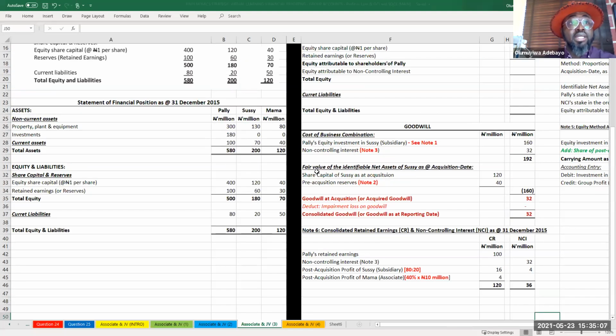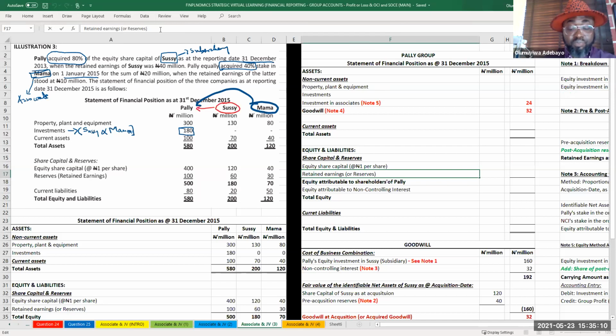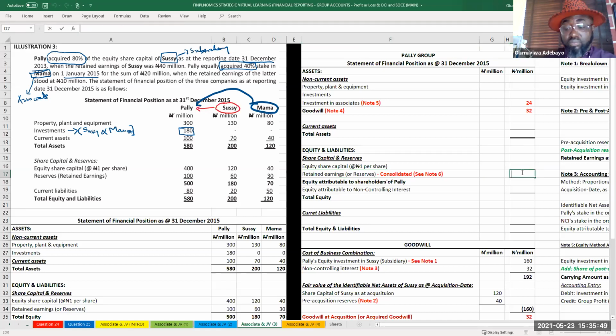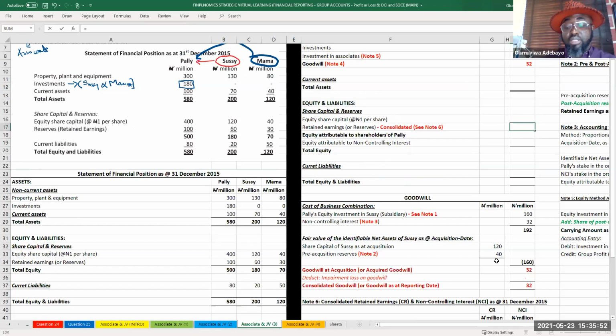Okay, which means I can come here, my consolidated reserve, note 6, that's 120.